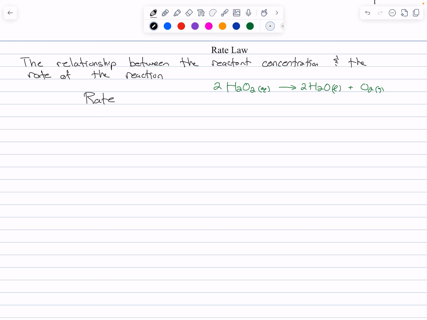And we want to compare this to the concentration of H2O2. I want to know how it compares, and so there's going to be an equal sign there. What we throw in is K, and K is the rate constant. We'll show you where K comes from in the example we're going to do.